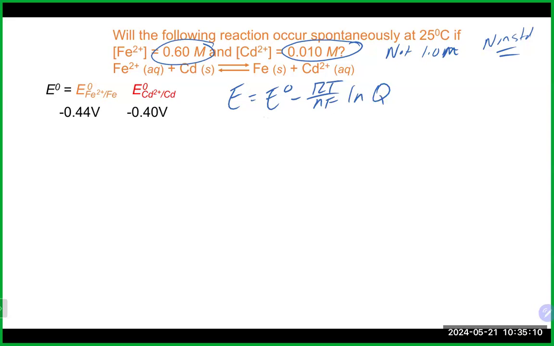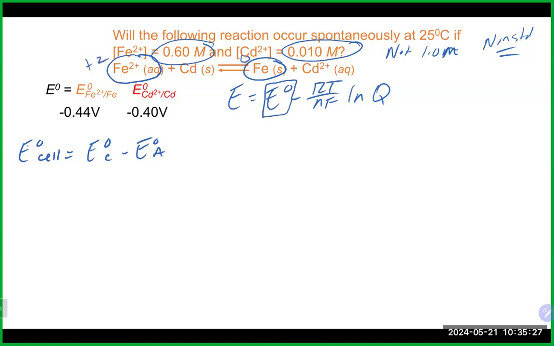We do need to calculate the E of our cell, and that's going to be cathode minus anode. Once again, here we did get an equation, so we should look at it. The iron here is going from +2 to 0. It is becoming more negative and is going through reduction. That means it is the iron that's our cathode in this case.